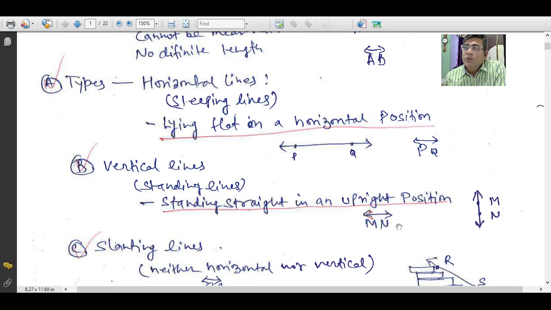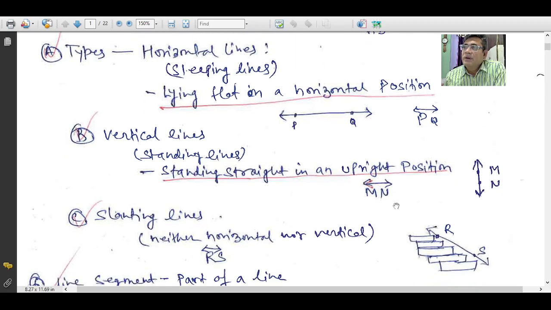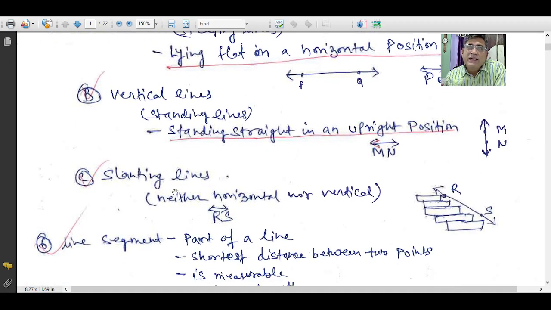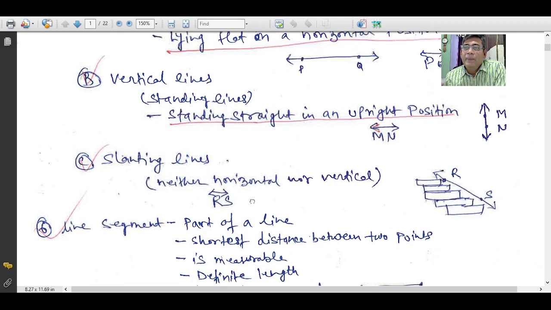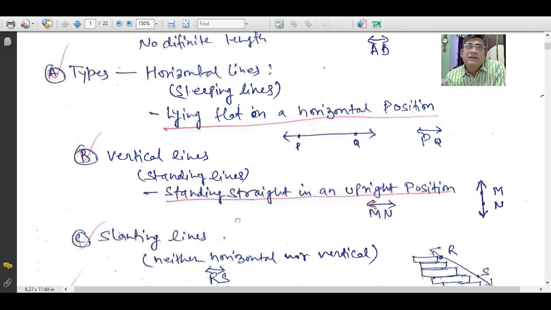It is represented by MN with an arrow on its top. Third is the slanting line. It is neither horizontal nor vertical, like if you have a staircase. So this line RS in a slanting position represents a slanting line. So there are three types of lines: horizontal line, vertical line, and slanting line.